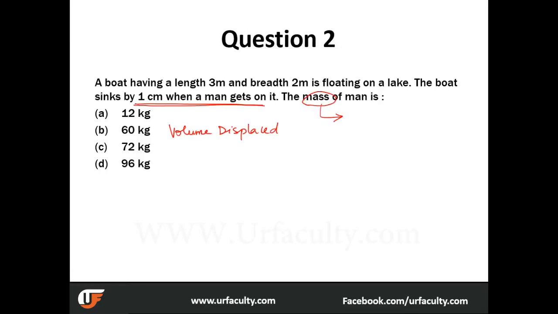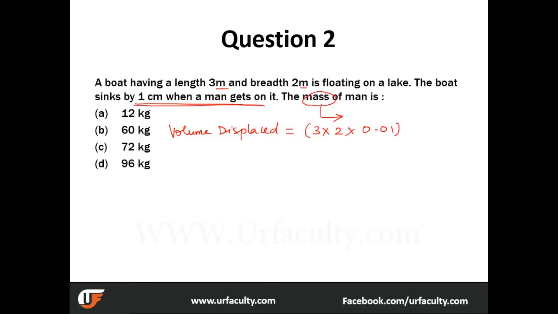Volume displaced because of the man is equal to what? The boat sinks by 1 centimeter, so it is equal to the level by which the boat went down, right? Which is 3 into 2 into, this is meter, this is meter, this is centimeter, so 0.01.